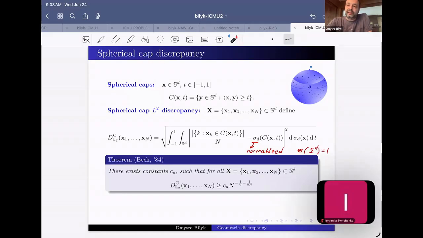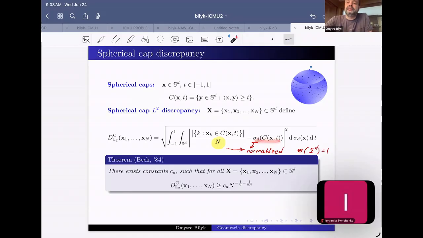We're taking, for each fixed cap, the discrepancy with respect to that cap. Notice that compared to the last lecture, here I normalize the discrepancy. So I take the proportion of points from my collection that fall into the cap minus the area of this cap.